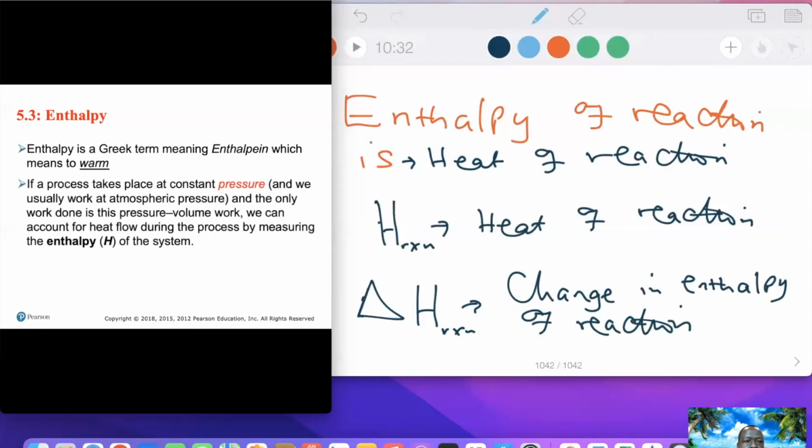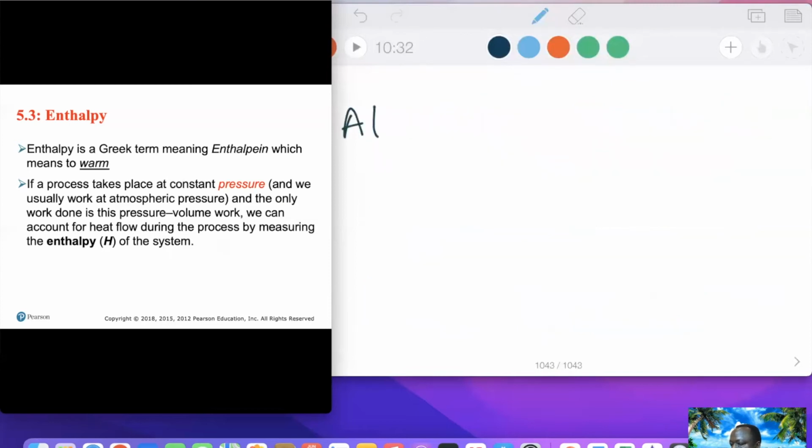Now, if a process takes place at constant pressure, and we usually work at atmospheric pressure, always, the pressure is going to be in ATM. ATM is atmospheres, all right?